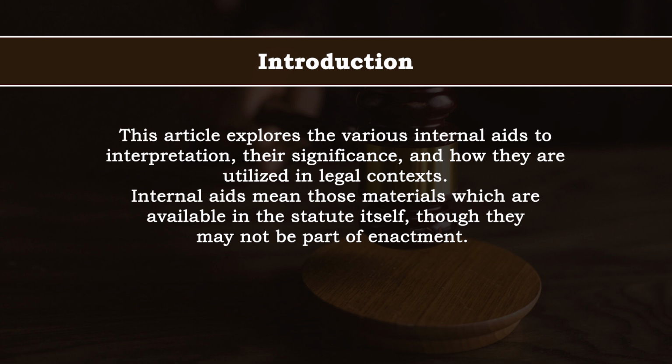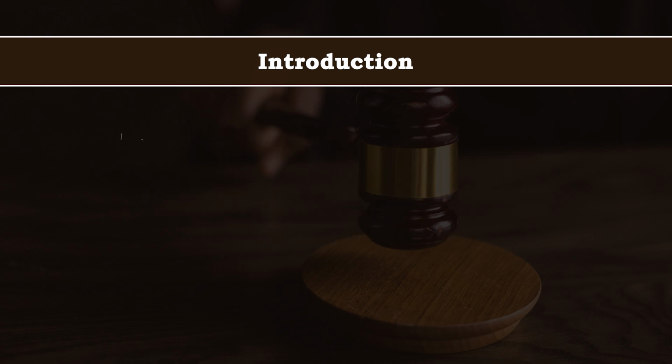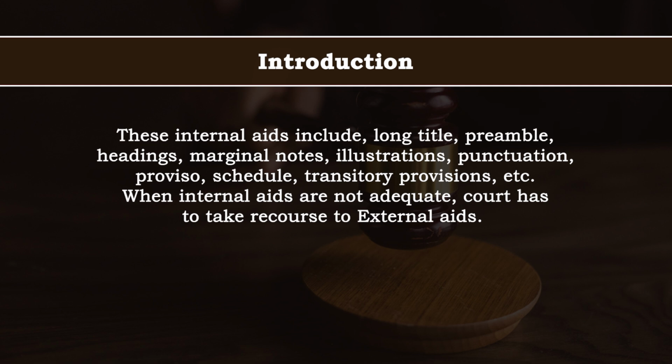Internal aids to interpretation means those materials which are available in the statute itself, though they may not be the part of the enactment. These internal aids include long title, preamble, headings, marginal notes, illustrations, punctuation, proviso, schedule, transitory provisions and many more.